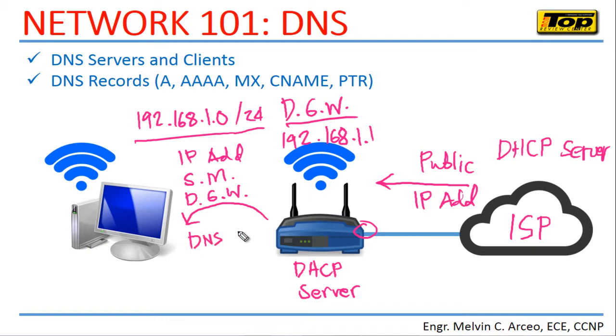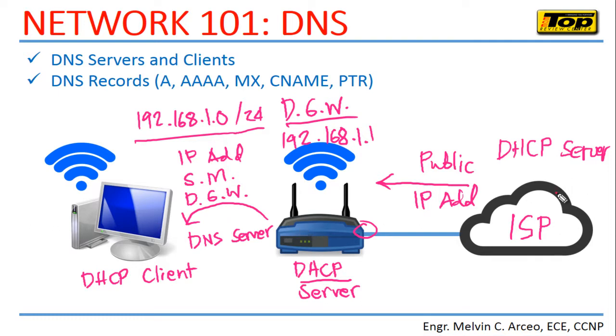So yung IP address ng DNS server natin, pwede ring i-provide ng ating router using, of course, the DHCP. So this will be a DHCP client where the DNS server IP address is included to what it will provide dito sa ating PC. Alright? So this will be our DNS server.